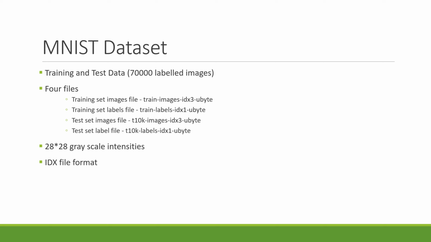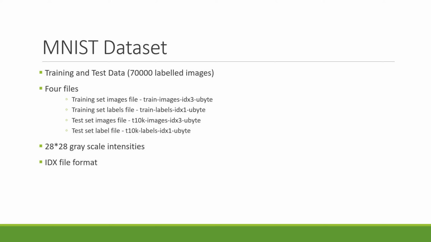Both sets contain labeled images of the 10 digits, 0 to 9. These handwritten digits are provided as images in the form of 28 by 28 grayscale intensities. The file format used to represent the MNIST dataset is IDX.